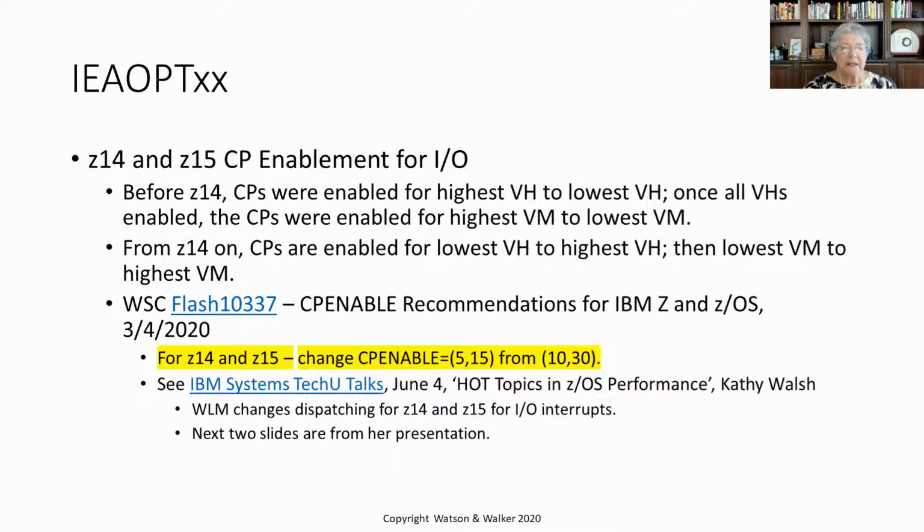In OPT, there's also CP enablement for IO. It's with a CP enable parameter, and in the highlight there you can see the format: CP enable equal 5,15, and it used to be 10,30.